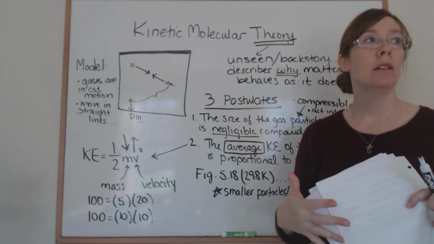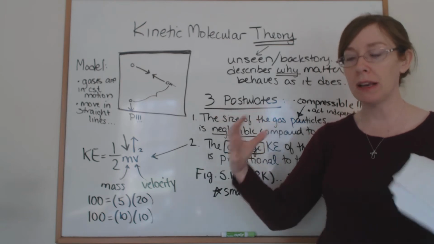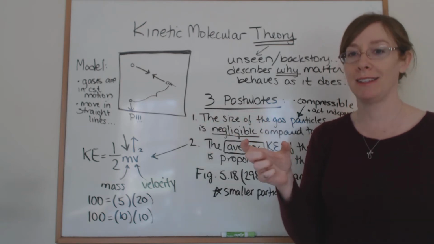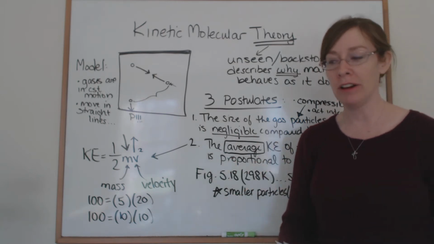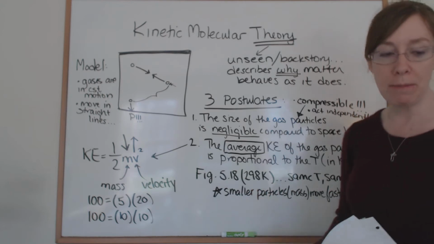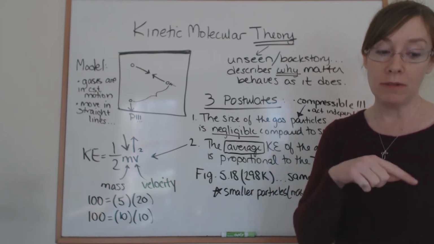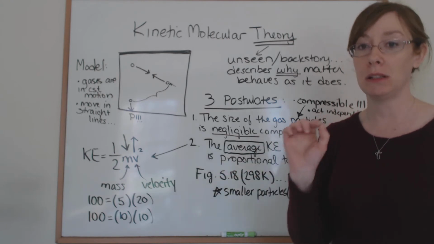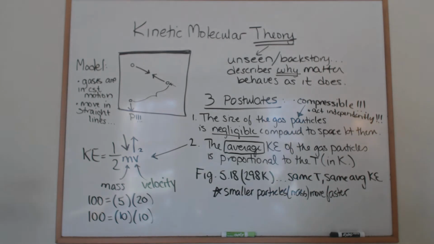Picture a race car versus a semi-truck. Semi-trucks, just because they're so much more massive, do not move as fast using the same amount of gas versus a race car, which is smaller. So that's just a physics concept, frankly, but I did want to point that out. That's what that second graph in figure 5.18 is trying to show you. The reason hydrogen is moving so fast is because it's so small. Okay, so that's what I wanted to mention about this second postulate.